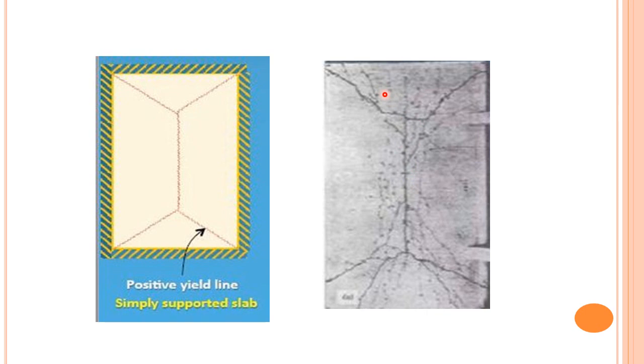This is the simply supported case. Generally it appears at the bottom of the slab, and these are positive yield lines. You can see the hatching, which represents the simply supported condition.